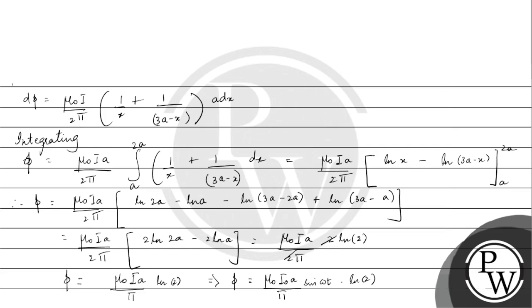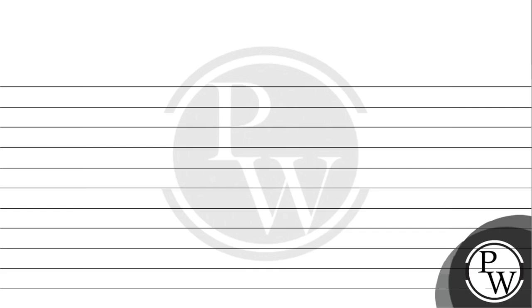So now we will calculate the induced EMF. Induced EMF is E is equal to, we only want magnitude, सिर्फ magnitude चाहिए हमें, तो हम modulus लेंगे minus d phi by dt का.